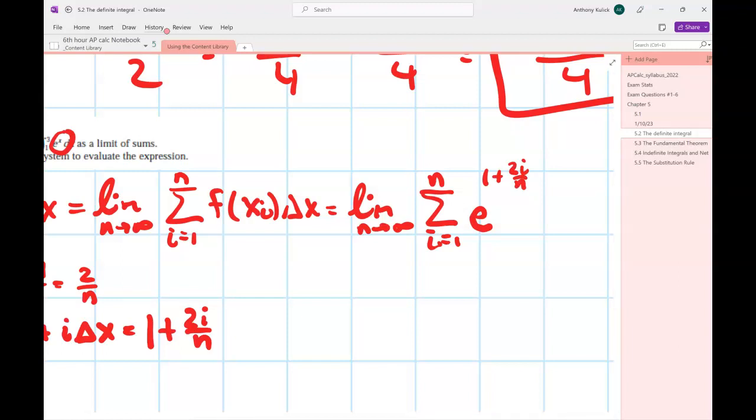Everybody's okay with that? Where our f is e to the x, we're plugging our xi in for that. And then we have times our delta x. So that's our limit of sums, right? Everybody's okay there?